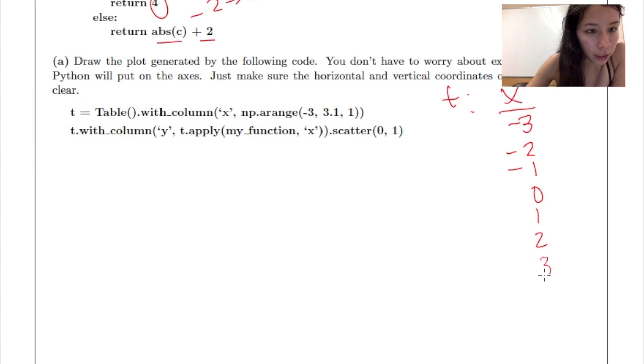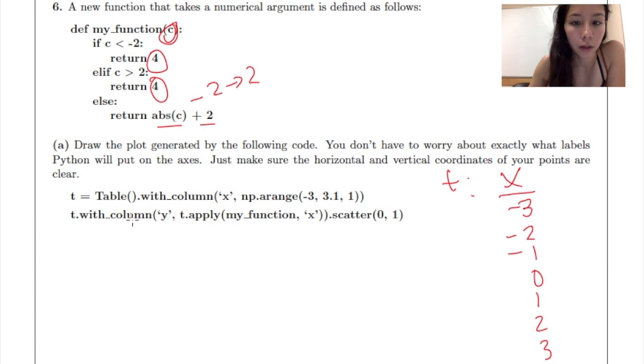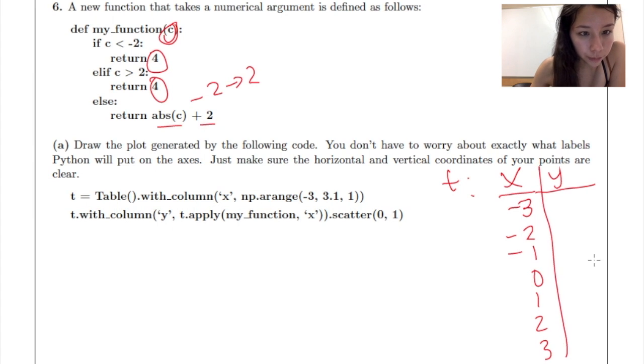Alright, and now we see this next line is T with a column Y. So we're going to add this column Y to our table, and we want to use this function applied to X. So we are going to basically look at all the X points and apply the function. Starting with -3. -3 is less than -2, so this is going to return 4.